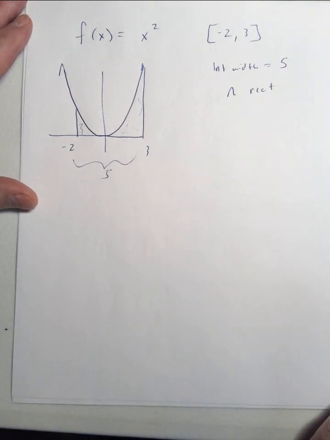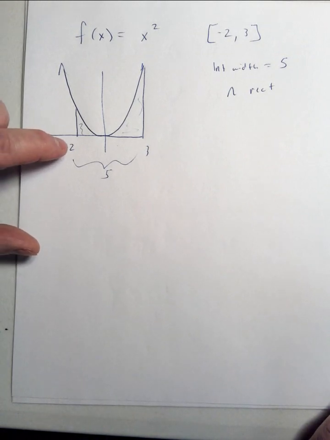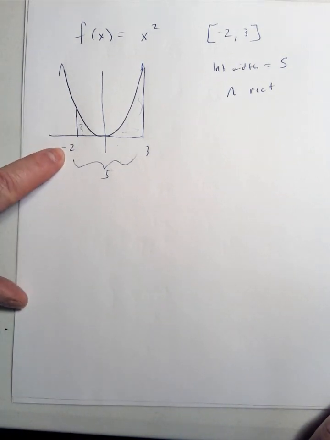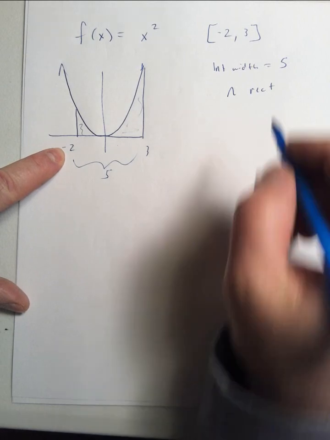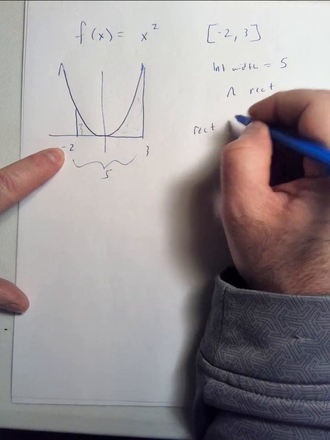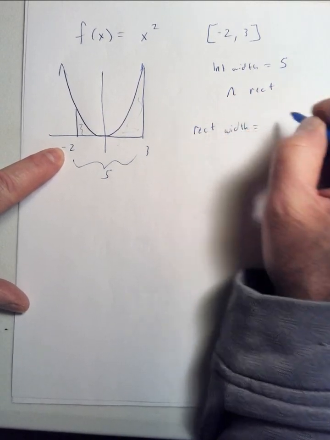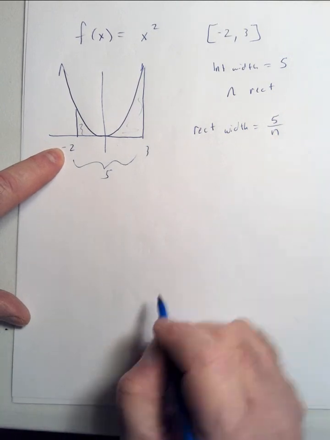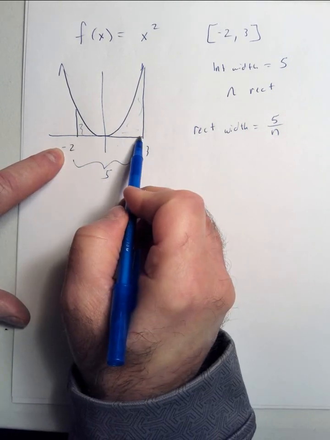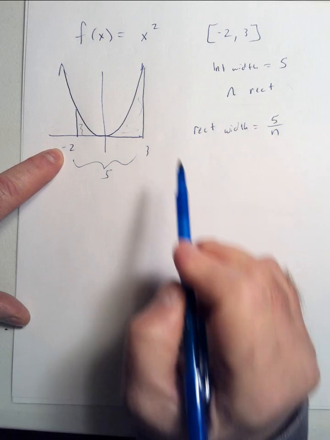The difference now is that for me to be able to find this y value, I have to start here. So we know that my rectangle width with n rectangles is 5 over n, because I take my full interval width and divide by the number of rectangles.